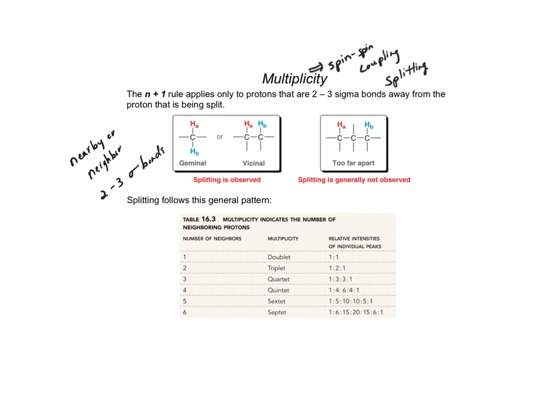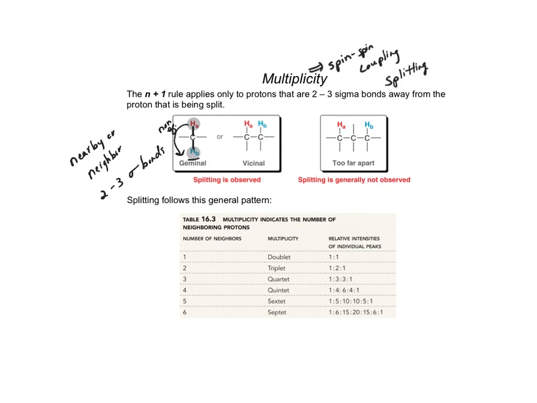So for example, let's say that I had a molecule here where I had a proton A, and it was nearby proton B. And again, the most important thing with respect to this is that these are non-equivalent. Now, A with respect to B is only 2 sigma bonds away, so we would see splitting here.